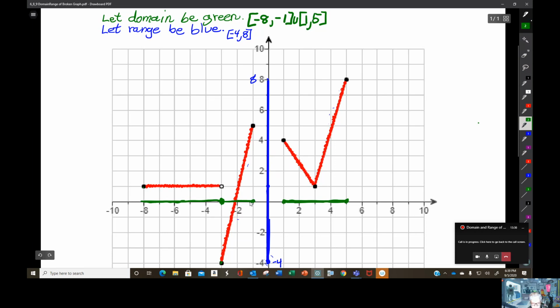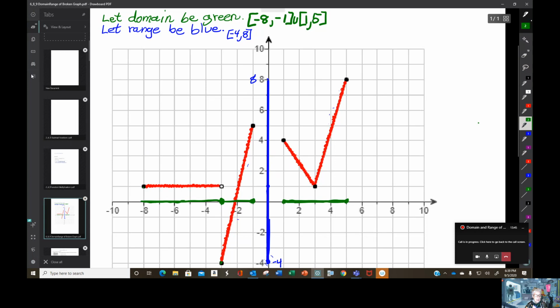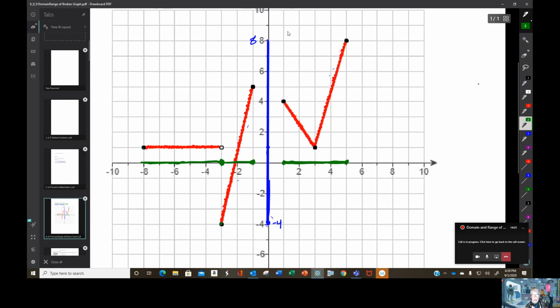There, put it back. Let me save it. The green line is your domain. You notice it matches up with the graph. It's on the x-axis and it matches up with the graph. The range is on the y-axis and it matches up with the graph.